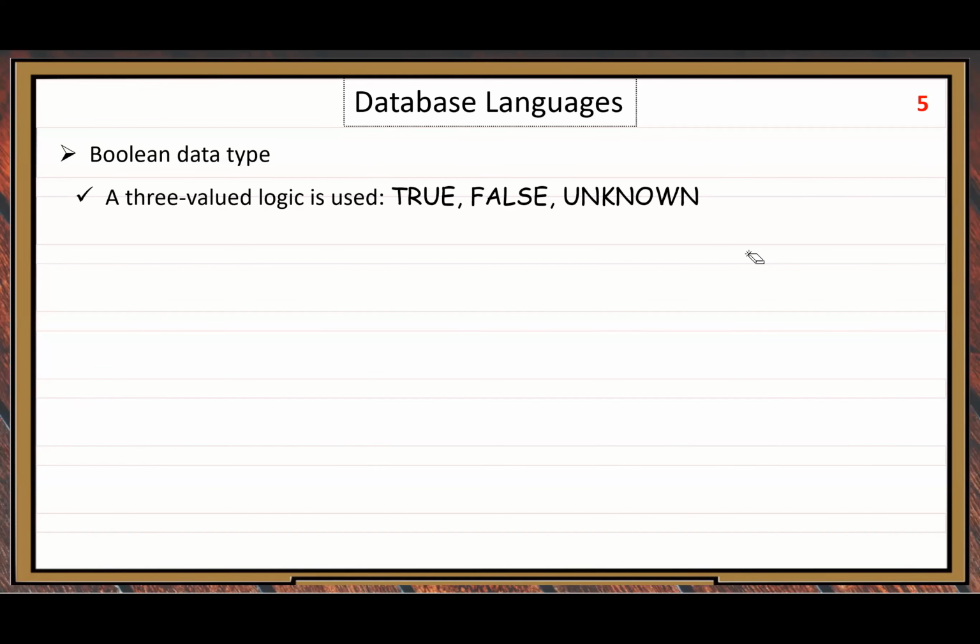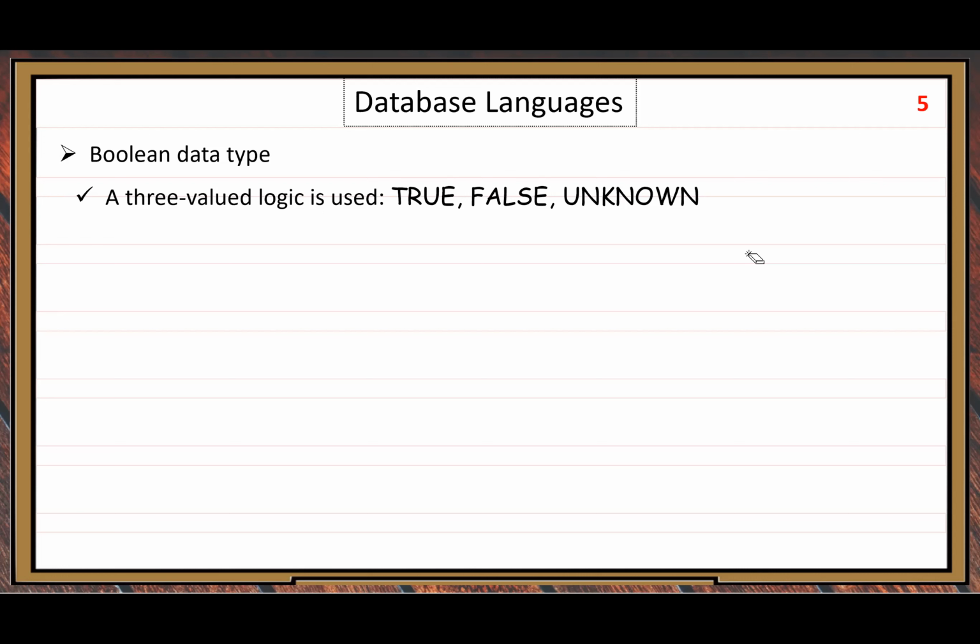Here, it's 3-value logic, not 2-value logic. In our programming languages, based on our experience, we are familiar with 2-value logic, Boolean, true and false, no third value.